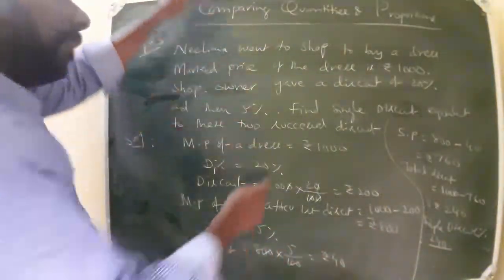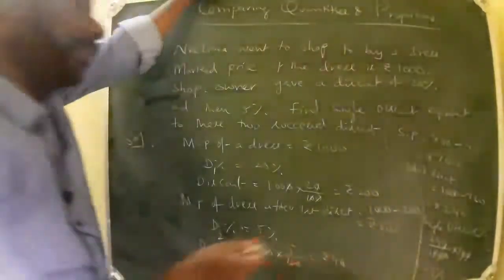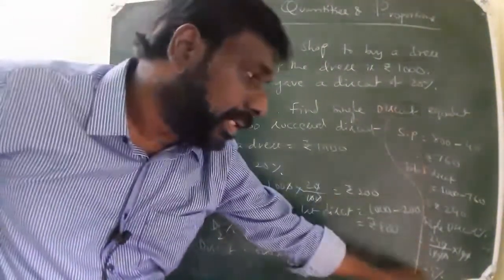The single discount percent we have to find: 240 by market price 1000 into 100, that is 24%. So the overall discount is 24%.